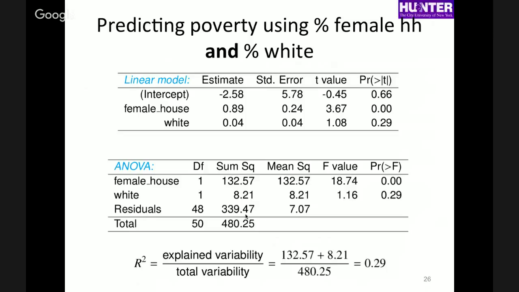Yeah, good question. Is there a cutoff where that's a good R squared? There are traditions in certain fields. In general, the answer is no. It's a continuous thing. A little more is always a little better. A lot more is a lot better.